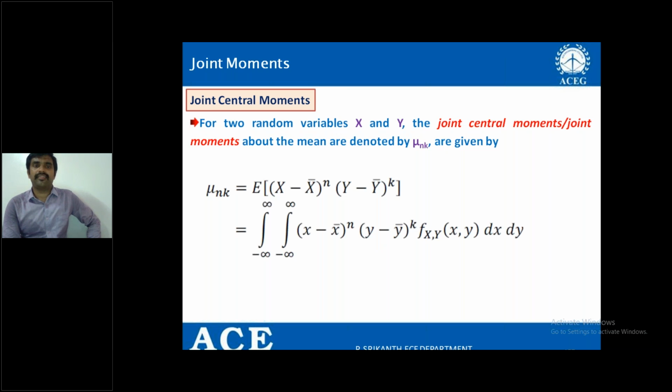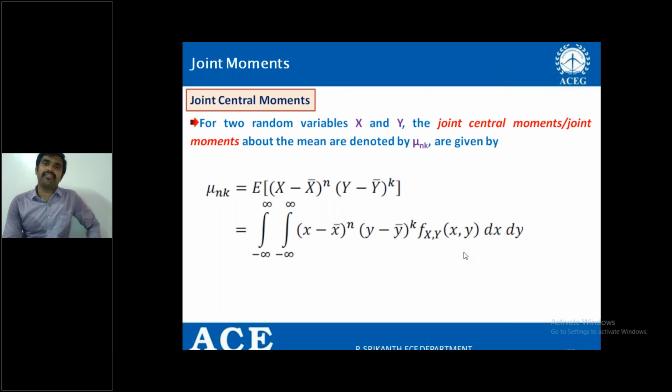How do you write it in integration form? Double integral from minus infinity to plus infinity of (x minus x bar) whole power n into (y minus y bar) whole power k, fx,y of x comma y dx dy. Usually the moments are meant for finding the statistical parameters. Just now we have seen how to find the statistical parameters by using the joint moments about the origin.